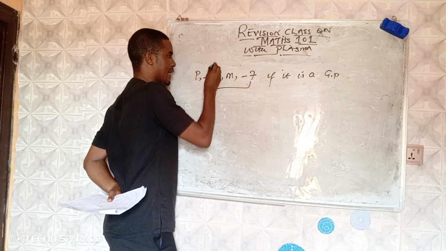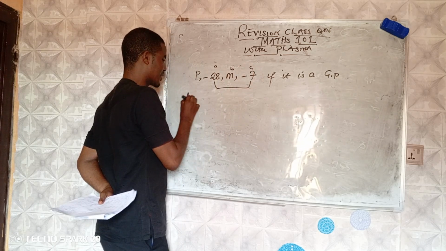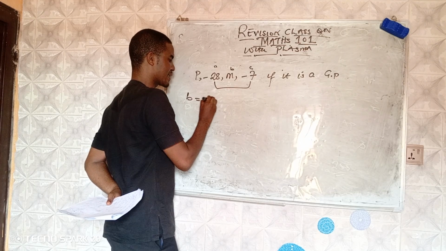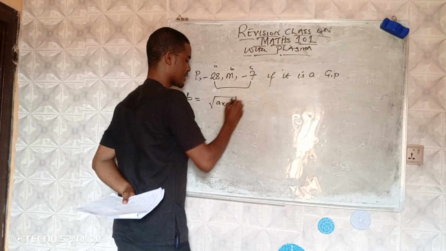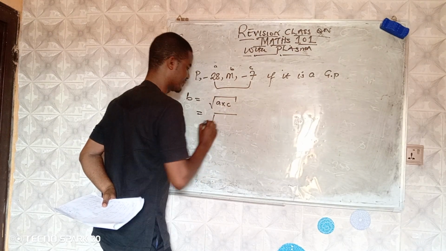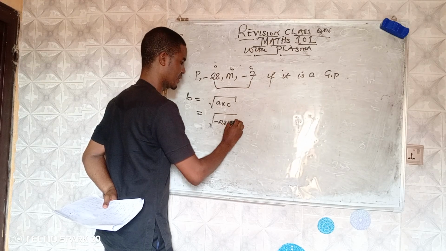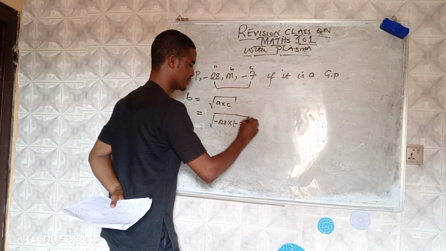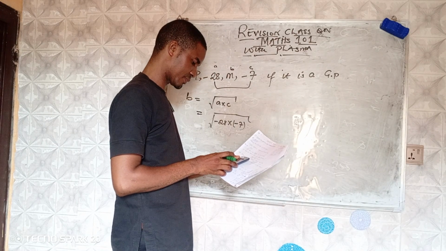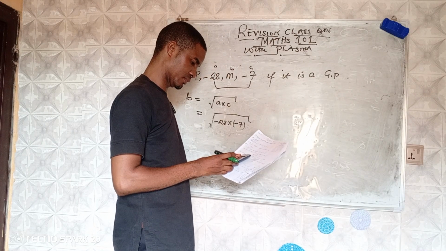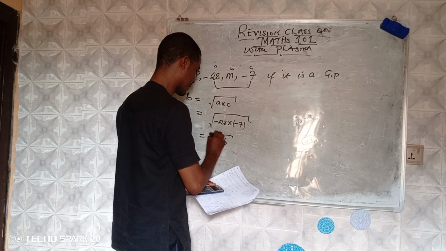Since I have this, I can say this is A, B, C. So to get the B now, which is my M, is root of A times C. I'm going to be having minus 28 times minus 7, which is 196.